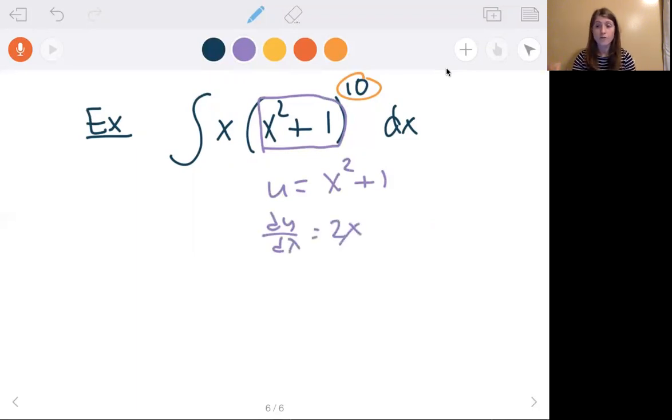It's just off by a constant, off by multiplying by a constant in this case. So what we see here is that, instead of solving for the x dx, we could also put the 2 in here and multiply by the 1/2 on the outside to get the 2 we want and keep it balanced.